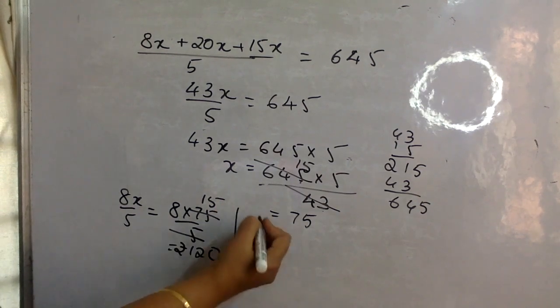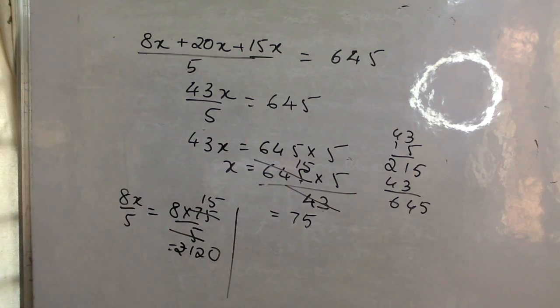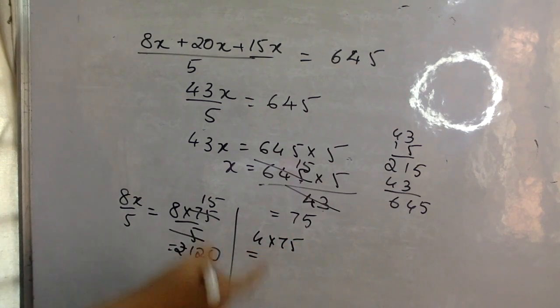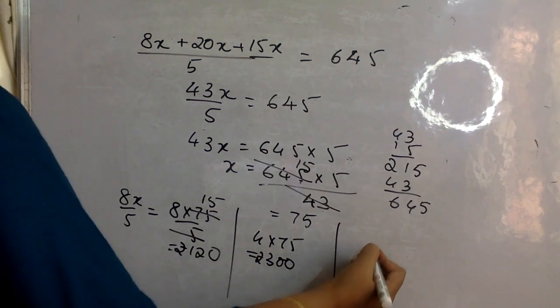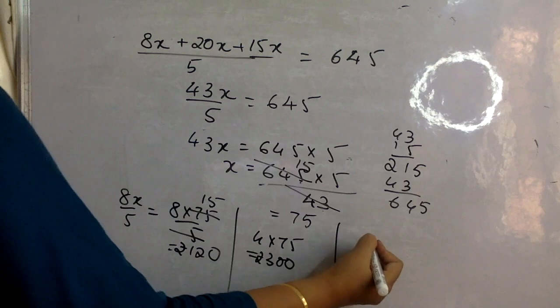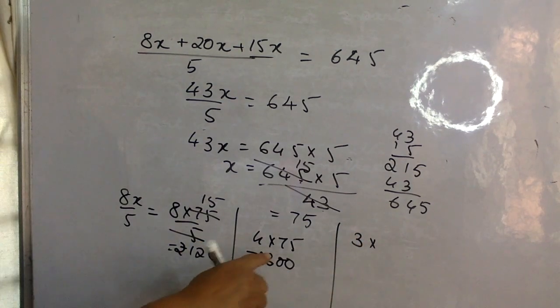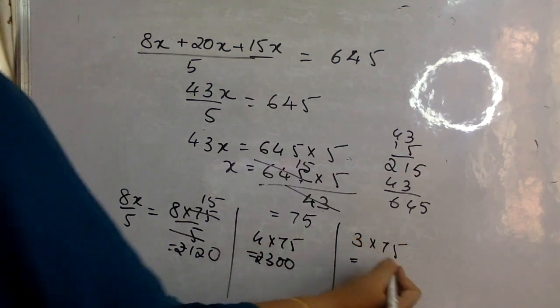The second number was 4x, so 4 into 75. 75 into 2 is 150, so 4 will be 300. That is rupees 300. And the third part is 4:3, right? So the third part is 3 into 75, which is 225 rupees.